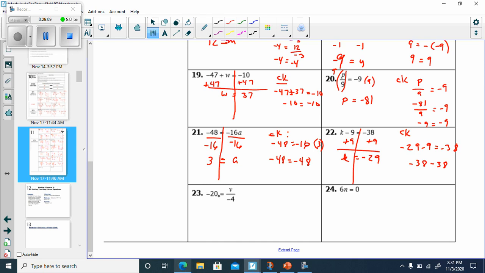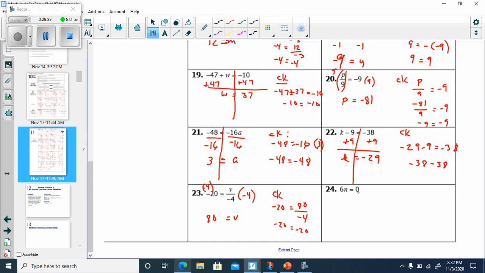Let's do the last two here. This is negative 20 is equal to V divided by negative 4. The opposite of dividing by negative 4 is to multiply by negative 4. V is equal to negative 4 times negative 20, which is a positive 80. To check that, you would plug it in. Is negative 20 equal to 80 divided by negative 4? Is negative 20 equal to negative 20?